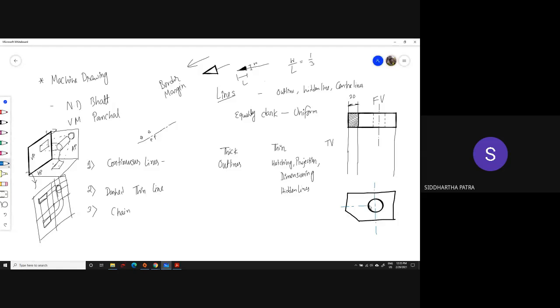There should be two center lines intersecting, and the intersection must happen over the smaller segments. Can you see this? Two smaller segments have intersected at the center of the circle. So chain lines are used for center lines.